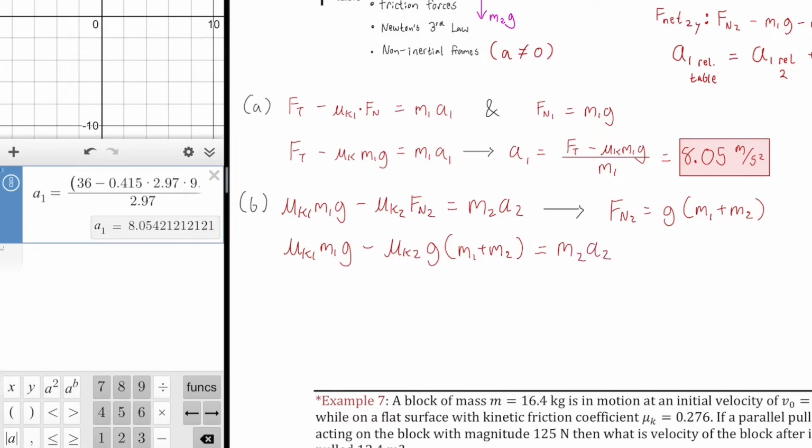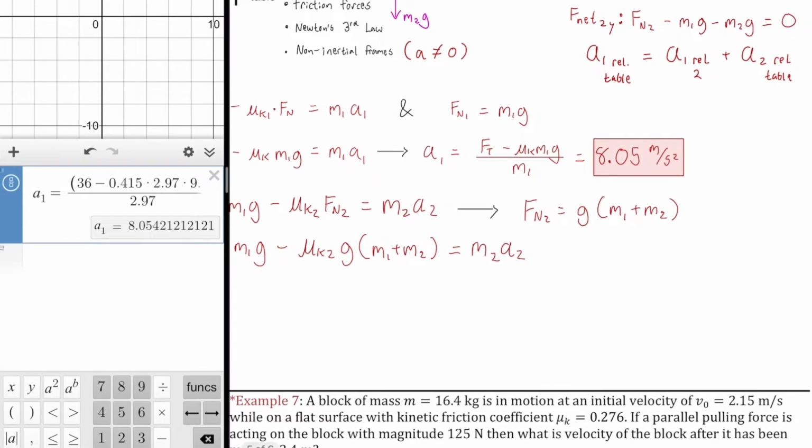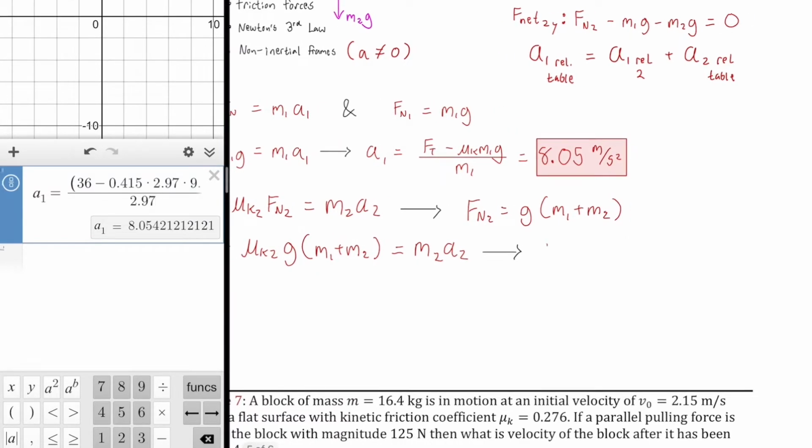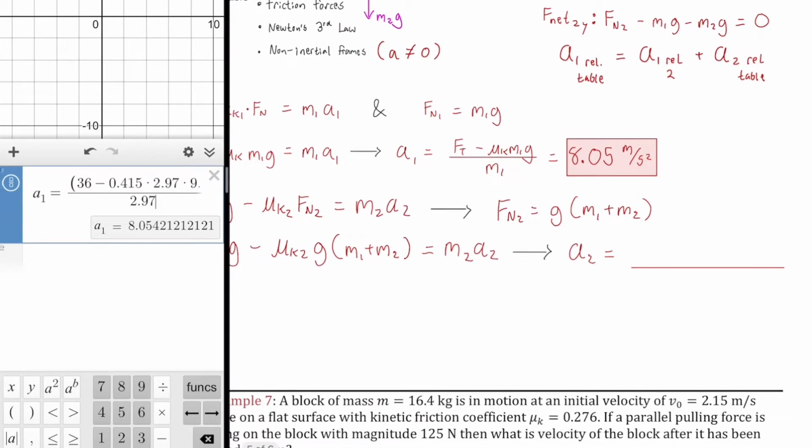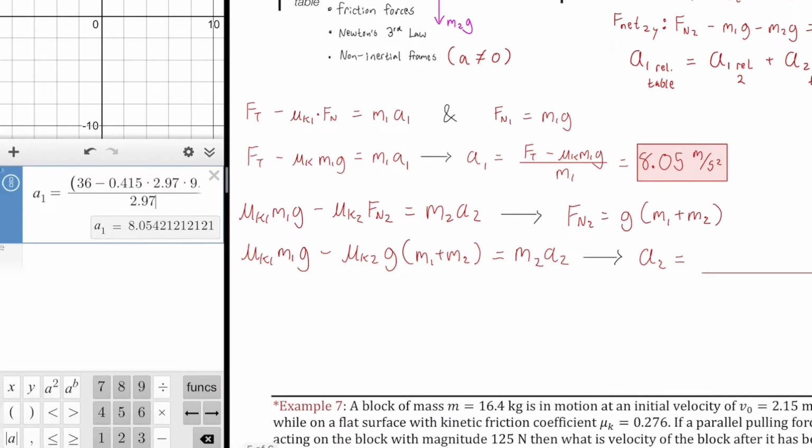All right. So then we're in good shape to actually solve for a2. Let's just isolate that acceleration of block 2 relative to the table, in the inertial reference frame. So then we would have, can we factor anything else out?